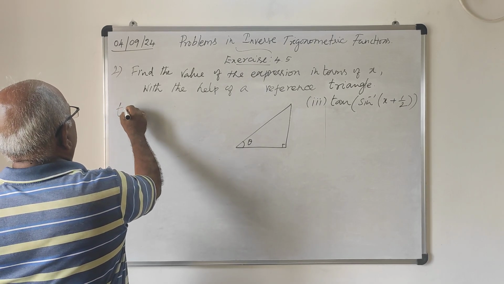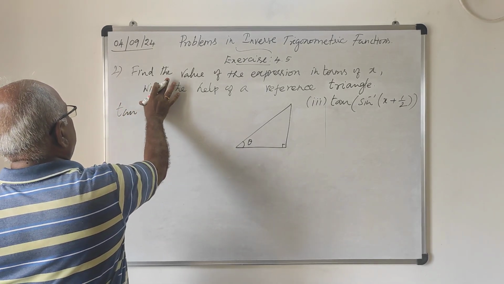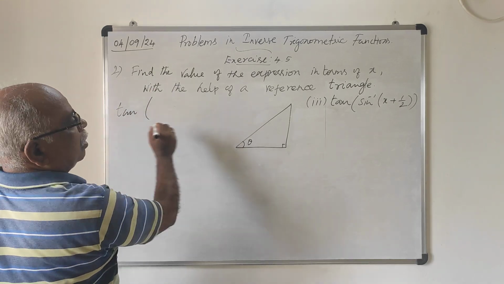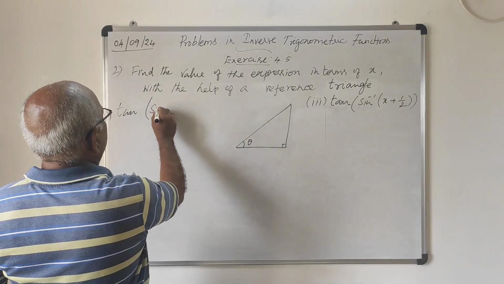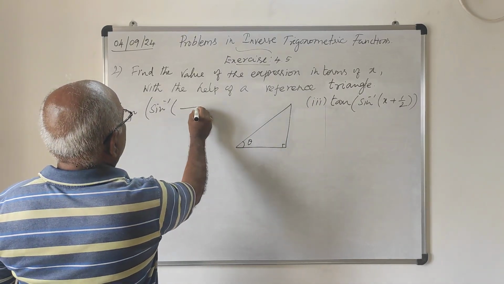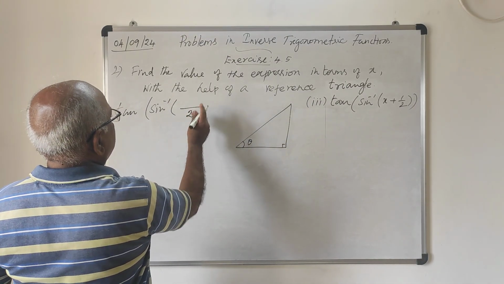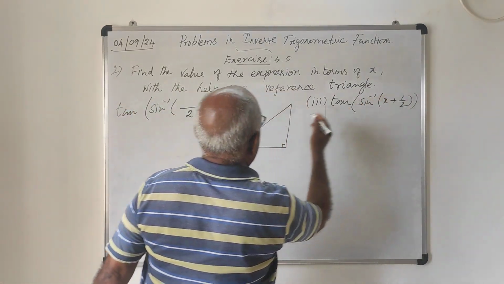Tan of sin inverse of x plus 1 by 2. If you consider 2 as LCM, you will get 2x plus 1.